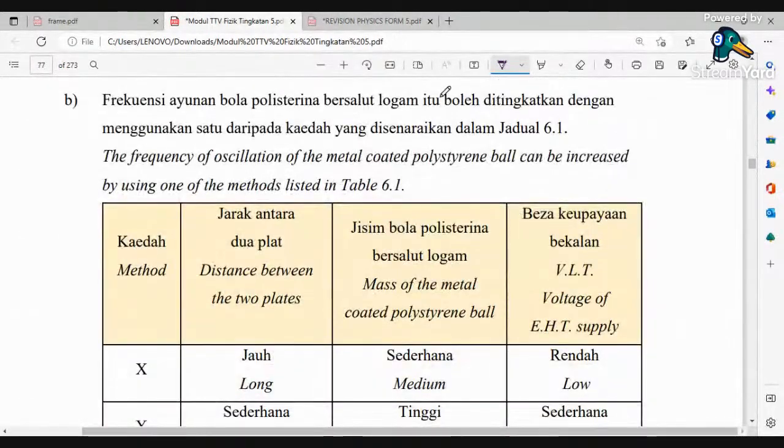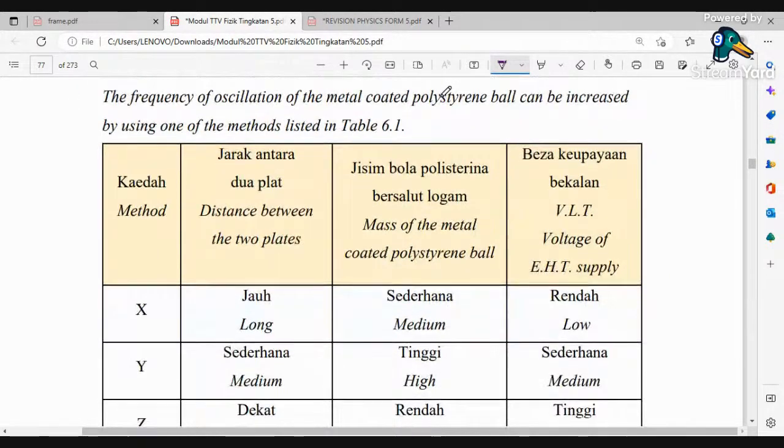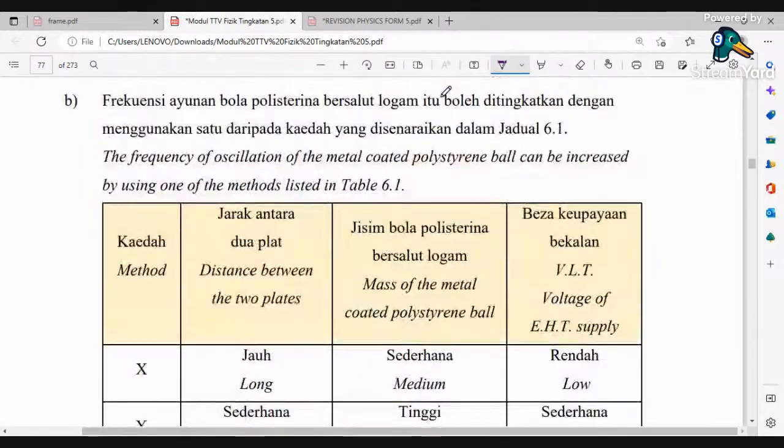Okay, bahagian B, the frequency of oscillation of the metal coated polystyrene ball can be increased by using one of the methods listed in table 6.1. Okay, earlier I already discussed that between two plates, electric field strength E equals to V divided by D. Voltage of EHT divided by distance between two plates.